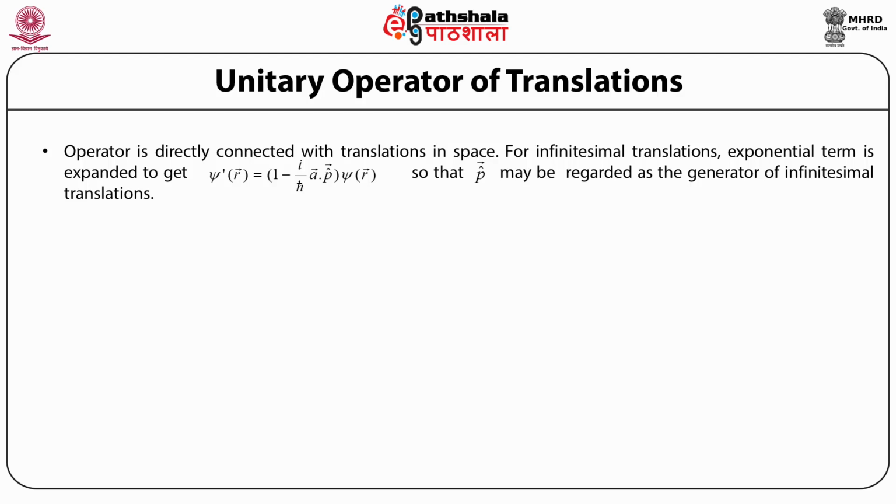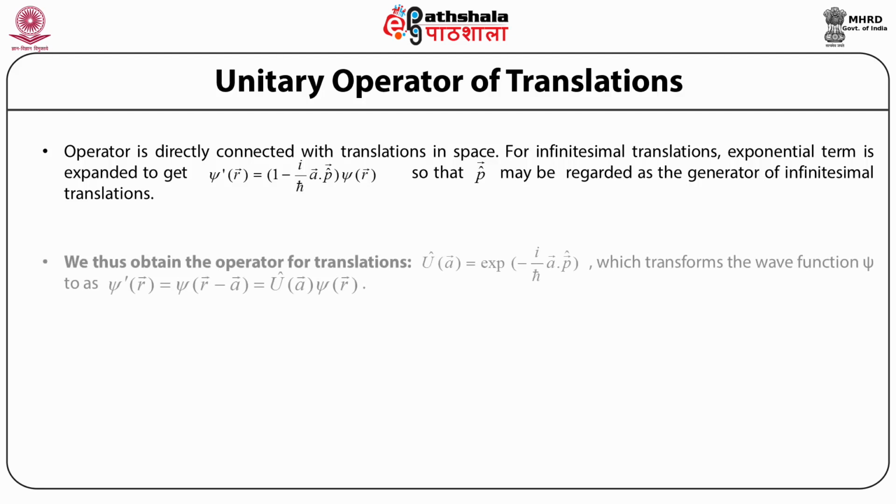And in this manner, from this equation we see that the operator p may be regarded as the generator of infinitesimal translations. Thus, the operator for translations is given by operator U as a function of position vector a is equal to exponential to the power minus i by h cross position vector a dot momentum operator.